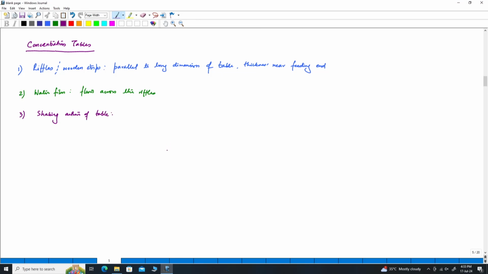This vibration causes the feed to stratify.